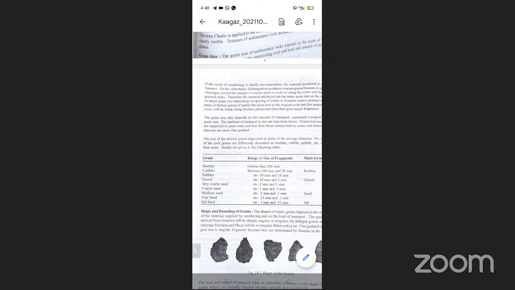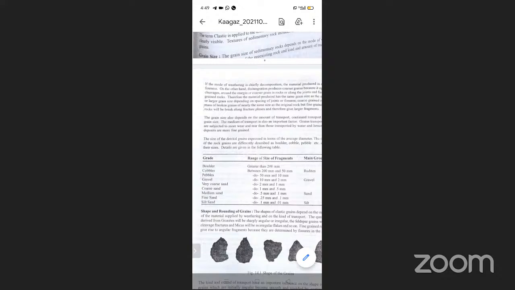Then coming to the sand type. According to that, the rock grades are again considered in groups. Boulder and cobble, these two are considered as rudites, and pebbles and gravel are considered as gravel, with sizes from 10 to 50 mm, and 2 mm to 10 mm.